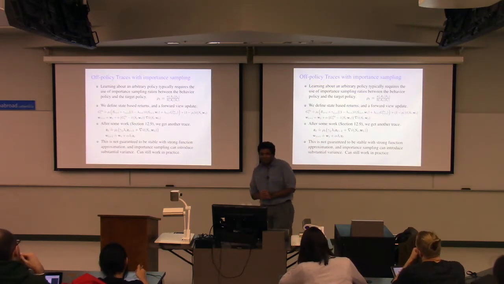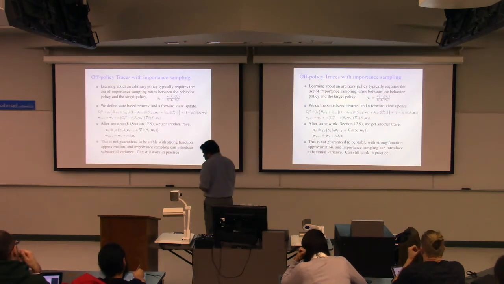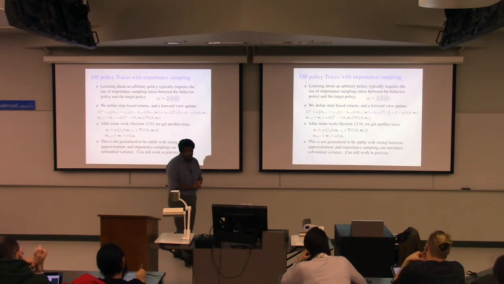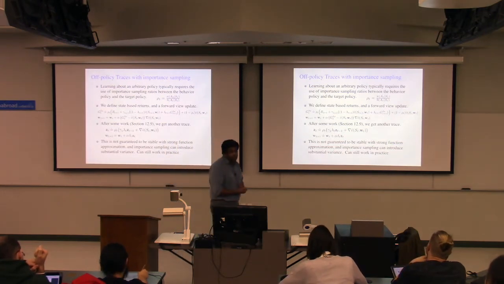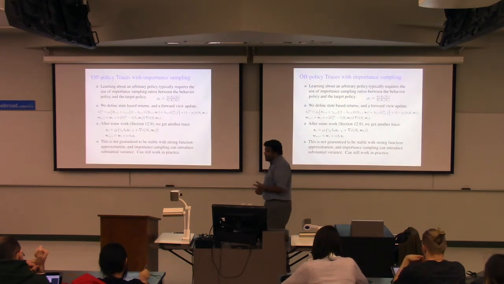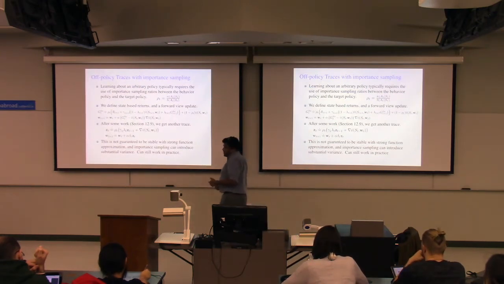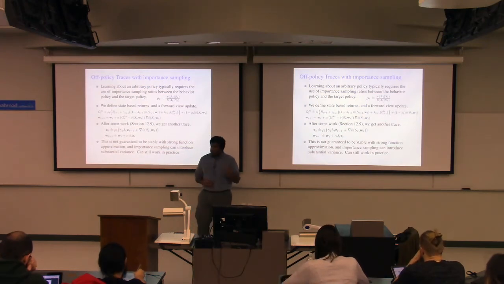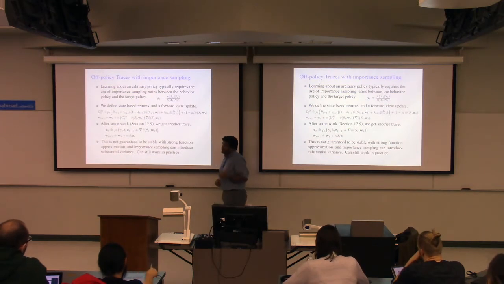So, off-policy traces with importance sampling. I mentioned that the other algorithms, SARSA lambda or Watkins Q lambda or tree backups, were effective for control when you were behaving really close to greedy or really close to a good policy. And even learning about another policy, those are the places where they would be particularly well suited, right?